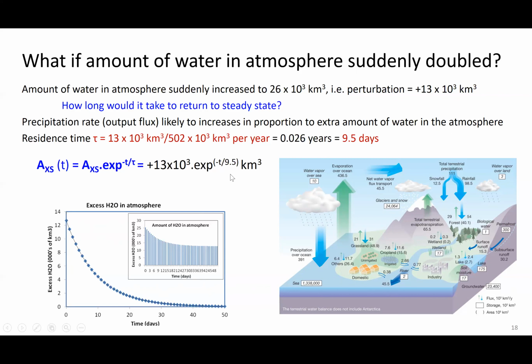And you can also see after the residence time of about 9.5 days that here we are at about 37% of the excess amount that we began with. And so if we looked at the total amount of water we had in the atmosphere, it would decay like this from 26,000 back down to our steady state amount of 13,000 cubic kilometres. So I hope that's reasonably clear enough to understand.